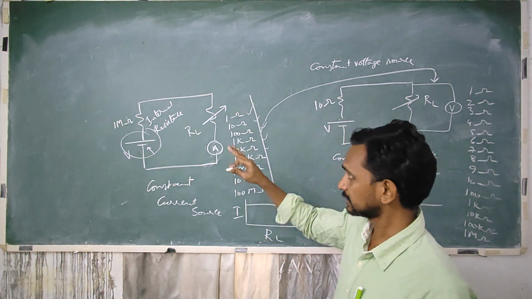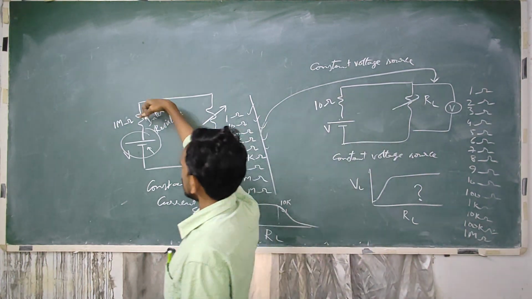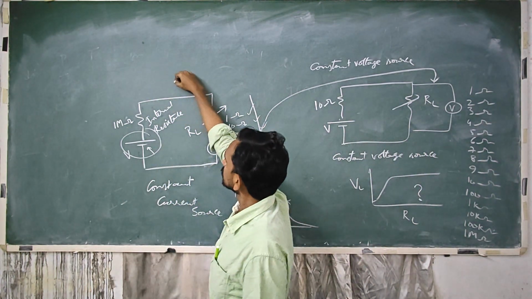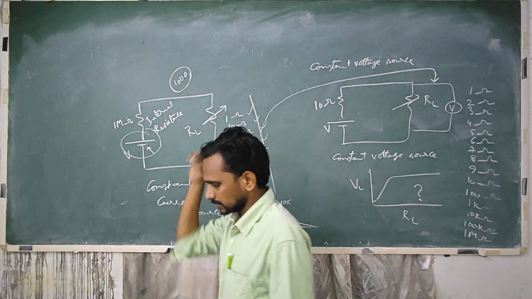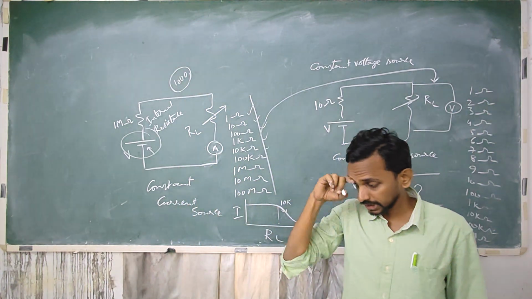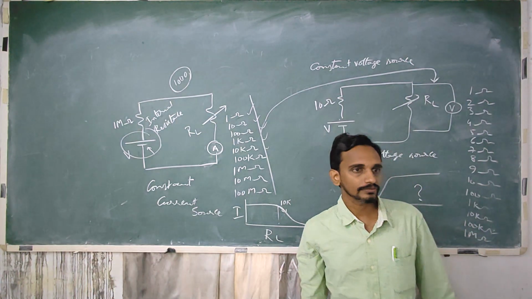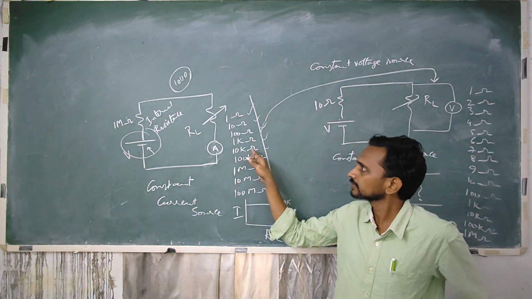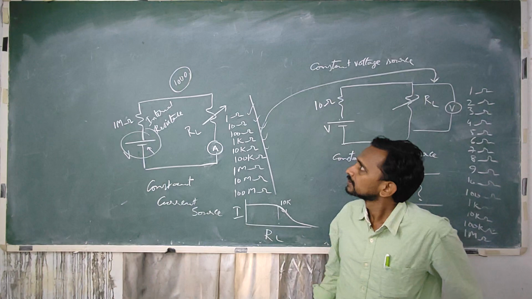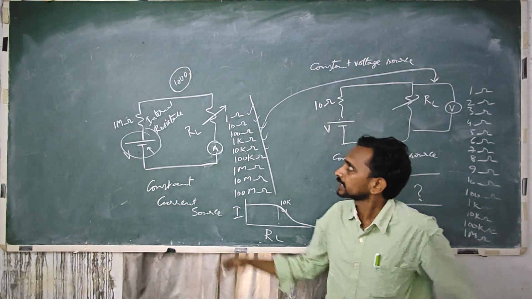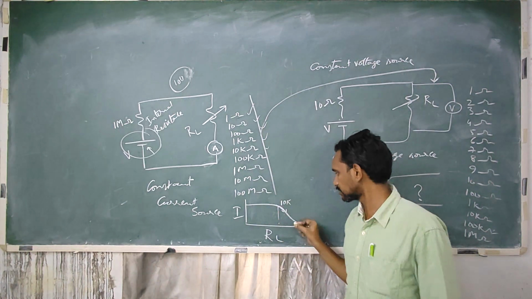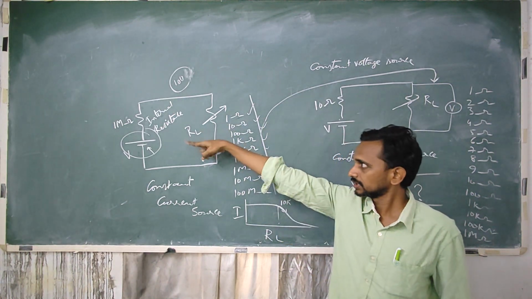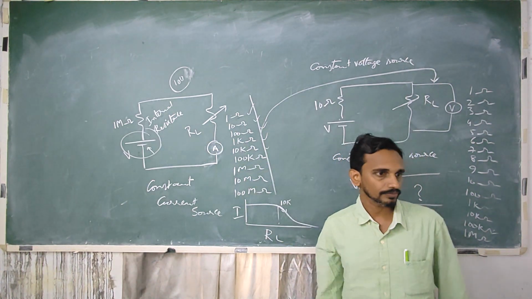That means if the load resistance value, even if it is 100 times lower than the internal resistance, starting from 10 kilo, your current starts reducing.